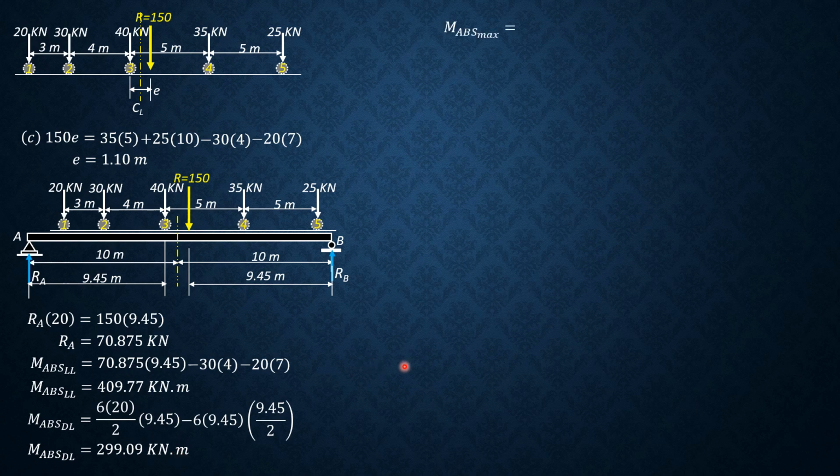So therefore, M absolute max is 409.77 plus 299.09, and it is equal to 708.86 kilonewton meter. So we add up this because this is greater than the moment at the center, which was, I think, 707.5 only. So that's it for this problem.